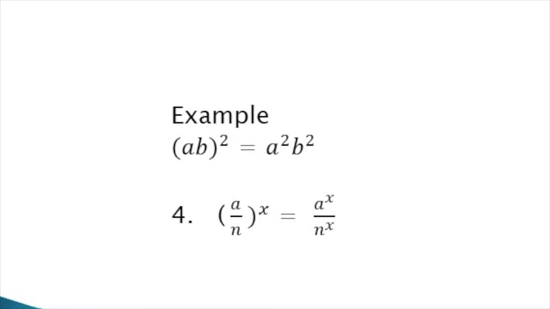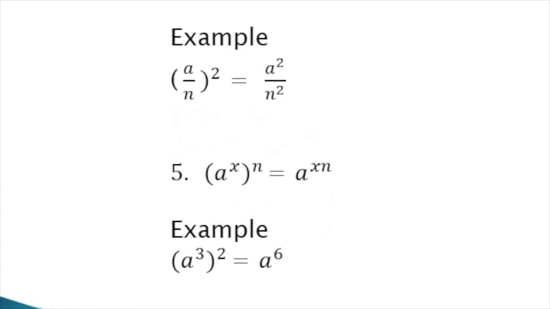Another law, division. If we have a divided by n in a bracket to the power x, we are going to have a to the power x divided by n to the power x. Example: if we have a divided by n in a bracket raised to the power 2, the exponent for a is 1 and the exponent for n is 1.